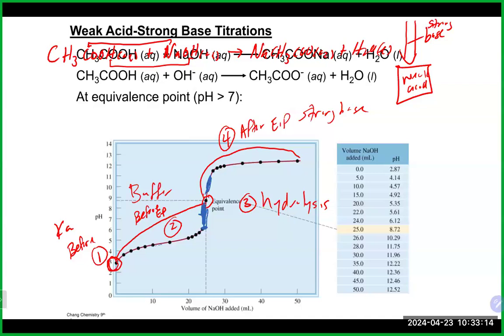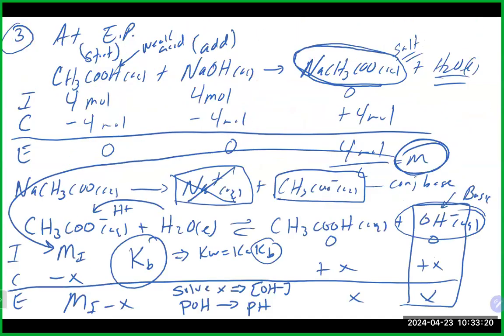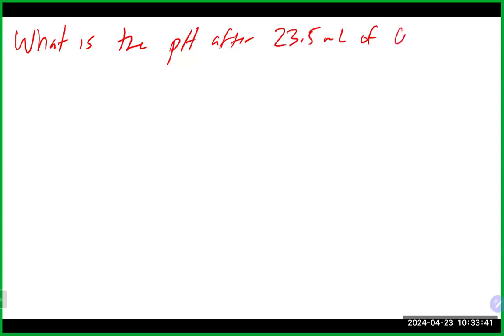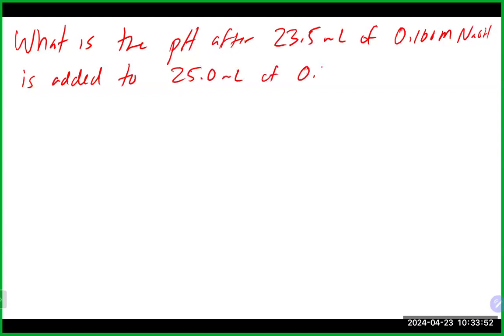Let's do, what is the pH after 23.5 milliliters of 0.1 molar sodium hydroxide is added to 25 milliliters of 0.1 molar acetic acid.